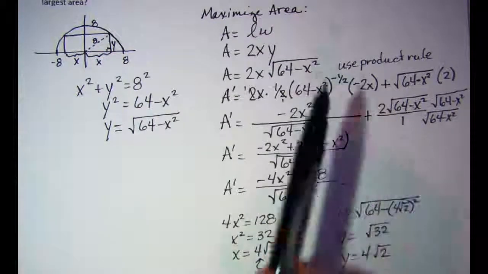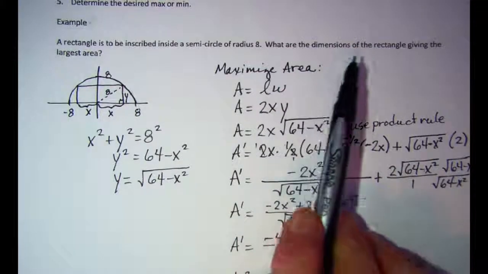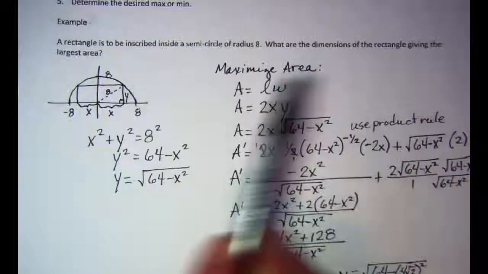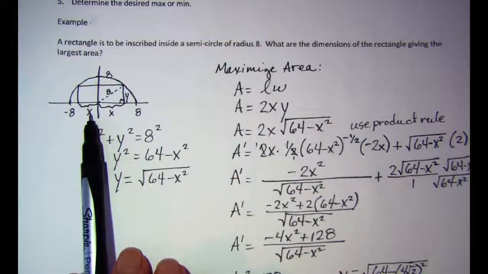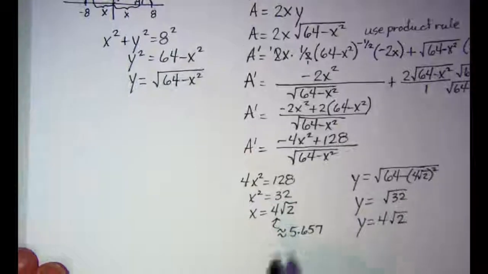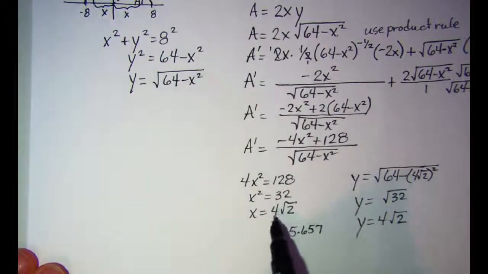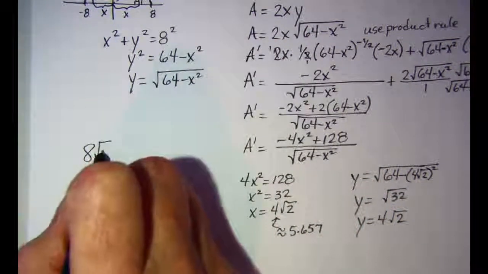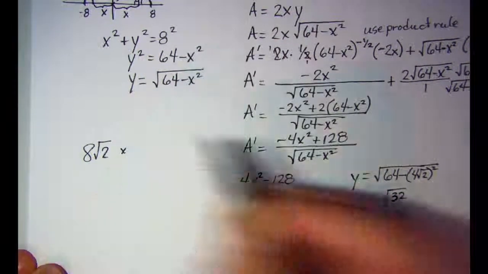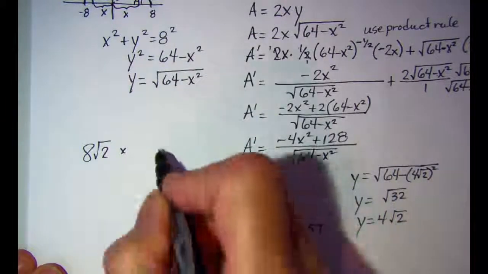So the question asks for the dimensions of the rectangle. So the length is 2 times x. My x value is 4 root 2, so my dimensions will be 8 root 2, and my y value is 4 root 2.